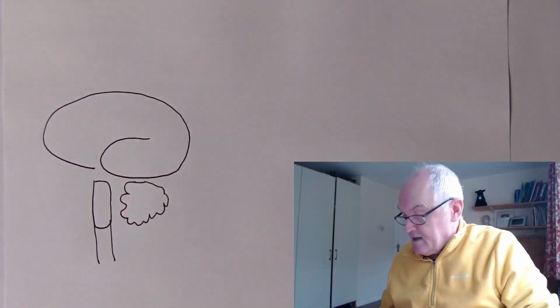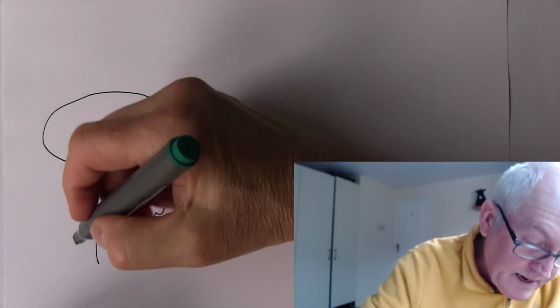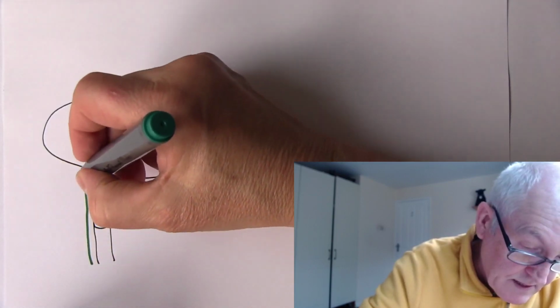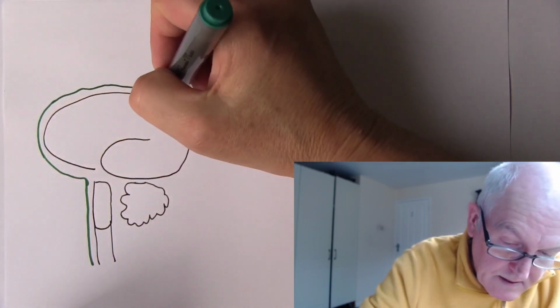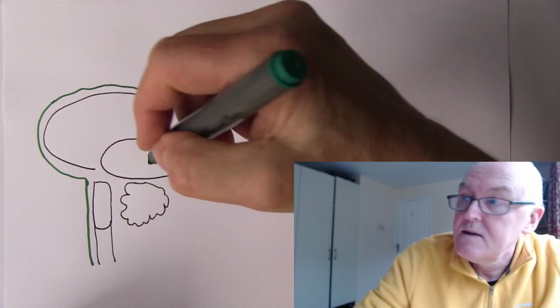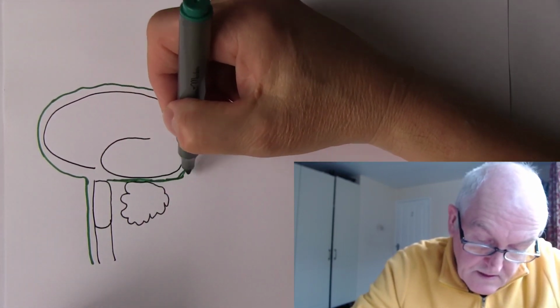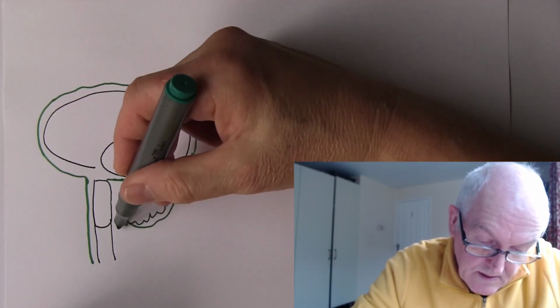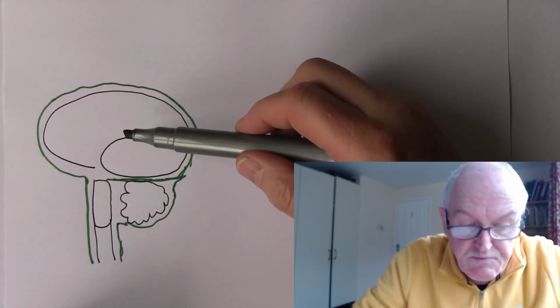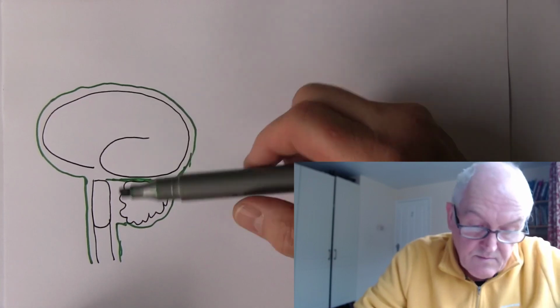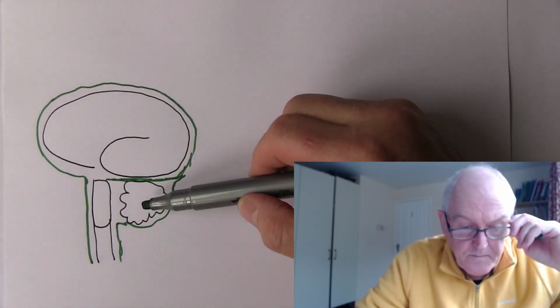And the dura mater folds in. So there's the dura going round. But there's an infold of the dura just here called the tentorium, supporting and separating the supratentorial cavity from the infratentorial cavity.